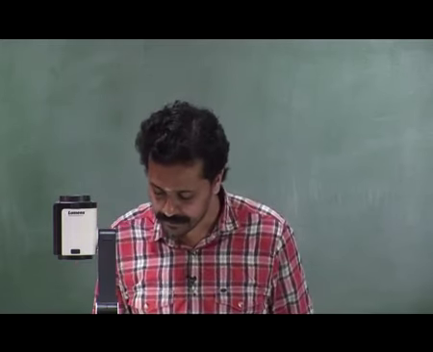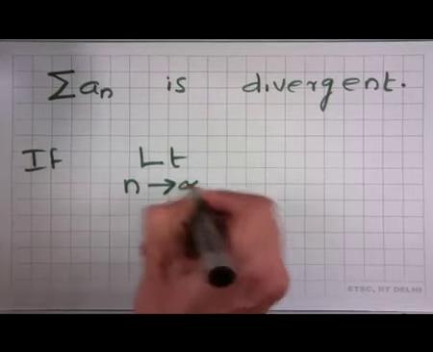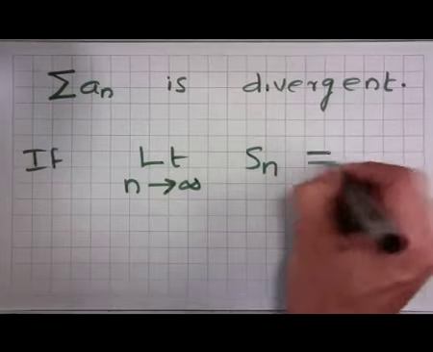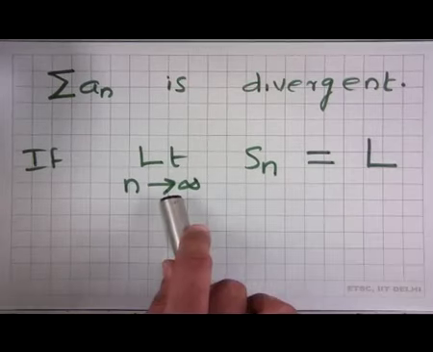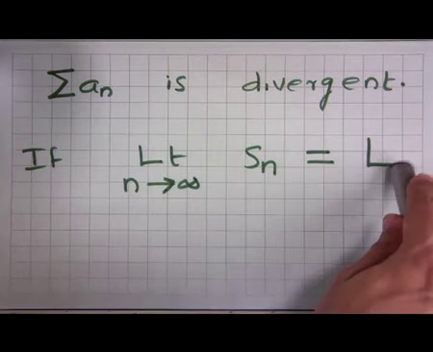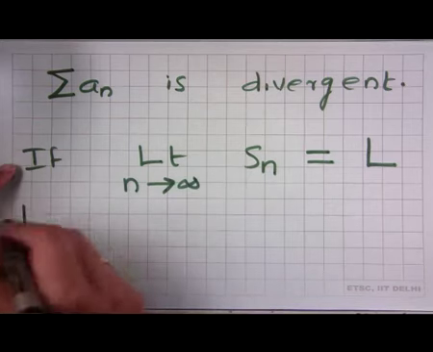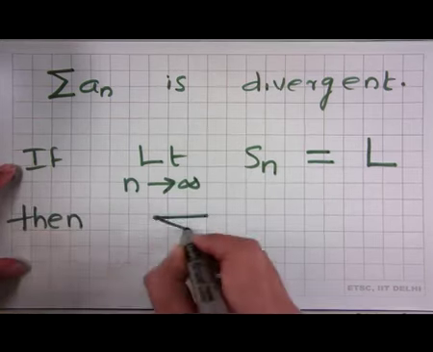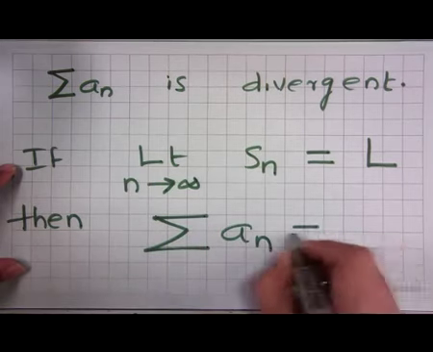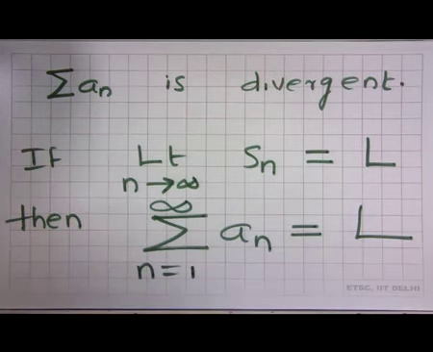In notation, if limit n tending to infinity Sn is equal to L, meaning the terms of sequence Sn become close to L as n becomes larger and larger, then we say summation An is equal to the same L, and that L is taken as the sum of this infinite series.